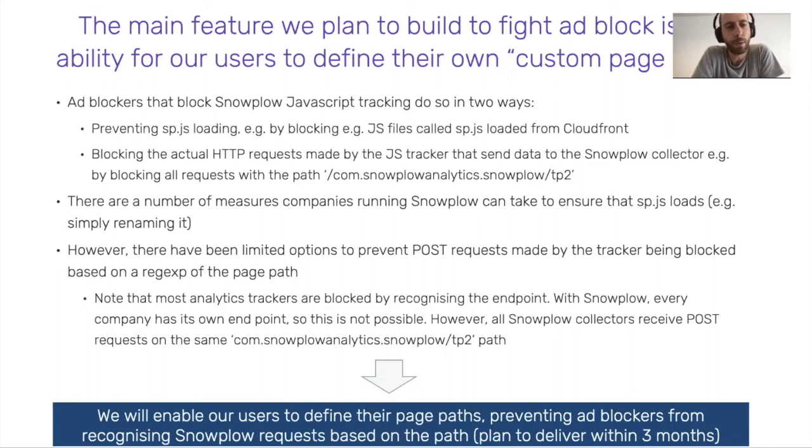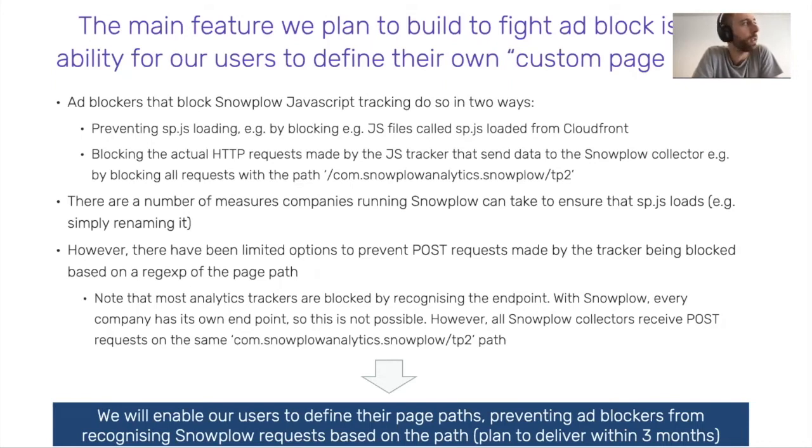So that's how the ad blockers work, and there are a number of measures that companies can take to make sure that the sp.js, the Snowplow JavaScript, loads successfully. And the simplest one, and we've been working with our customers to do this for quite a long time now, is simply renaming the Snowplow JavaScript file to a randomly generated file name, so that the ad blockers can't spot it's Snowplow JavaScript.